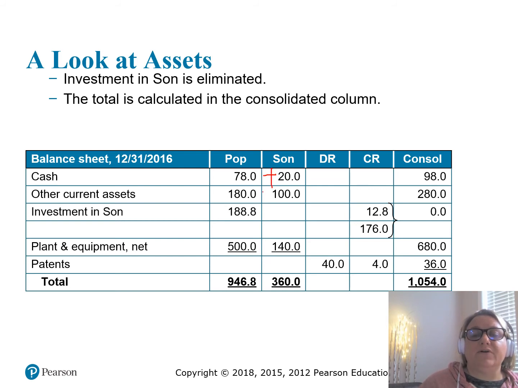Same thing with other current assets. Nice and easy. Remember when we calculated this on the previous page? Same situation, right? We show this broke down, but guess what? On the consolidation, it doesn't go in. We don't put the investment in Sun on the consolidation line. Property and plant and equipment.